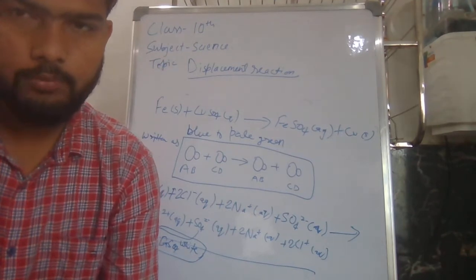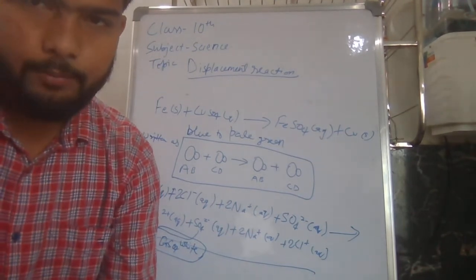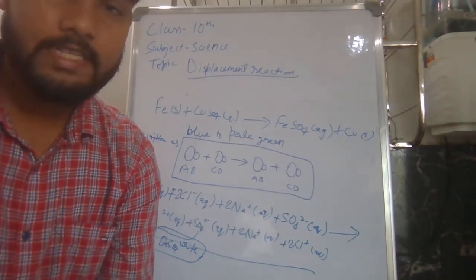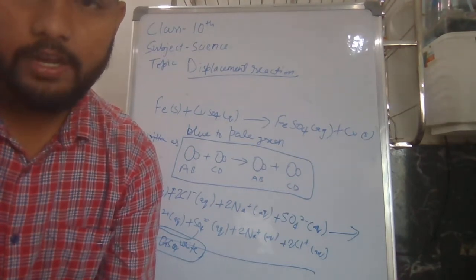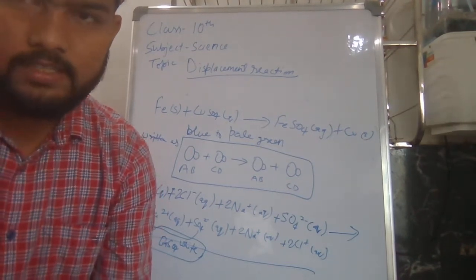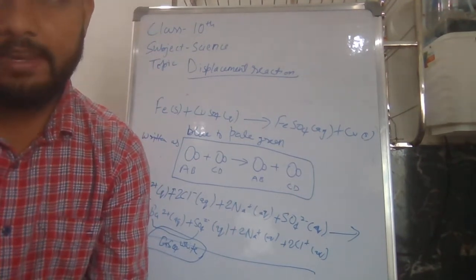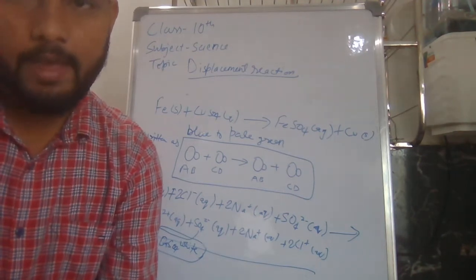Find out the observation. Here the observation will be that the precipitate remains insoluble. Again I have a question for you. What is the precipitate formed on mixing the solutions of barium chloride and sodium sulfate? Here it will be barium sulfate.